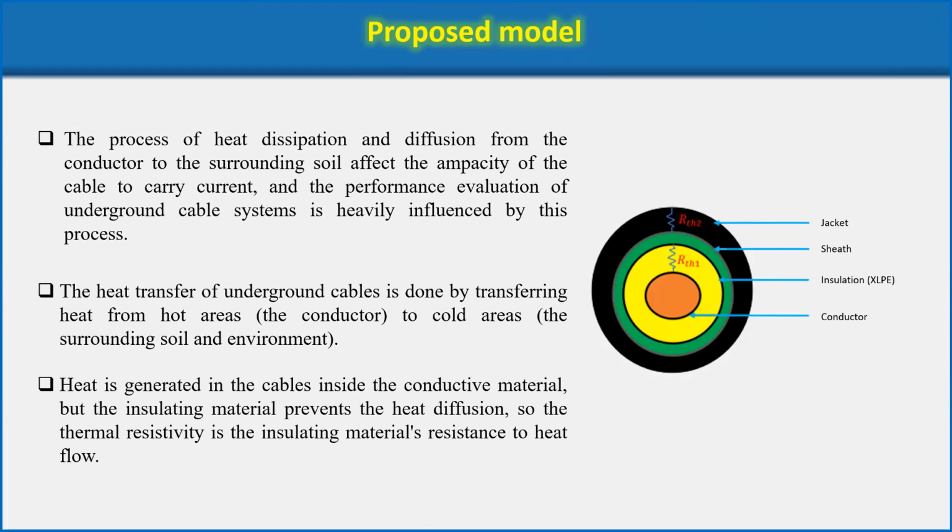The heat transfer of underground cables is done by transferring heat from hot areas, the conductor, to cold areas, the surrounding soil and environment. Heat is generated in the cable inside the conductive material, but the insulating material prevents the heat diffusion, so the thermal resistivity is the insulating material's resistance to heat flow.